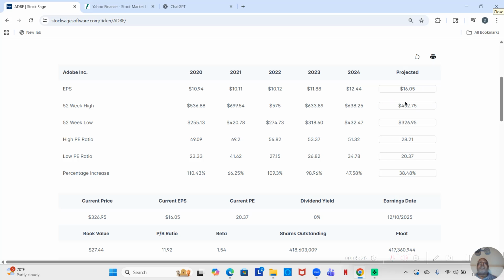And so far this year, it's estimated at $16.05. So the earnings per share dropped slightly from 2020 to 21, but it's moved up since then.